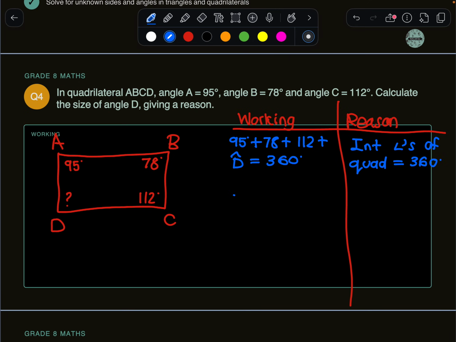And so we can simply work out 360, take away 95, take away 78, take away 112. Let's see. That is 75 degrees. And so angle D is 75 degrees.